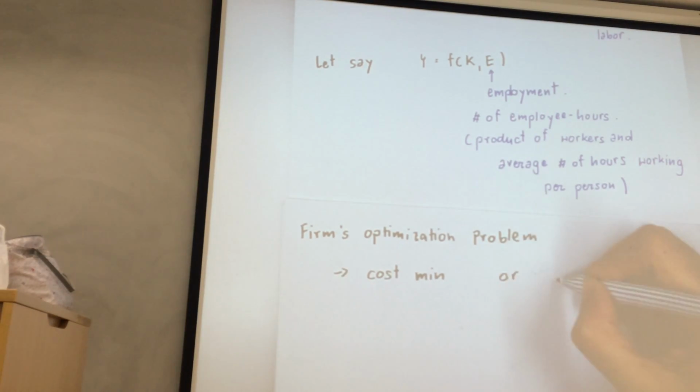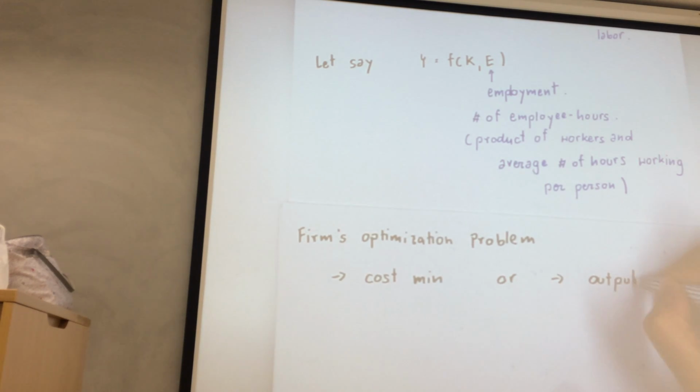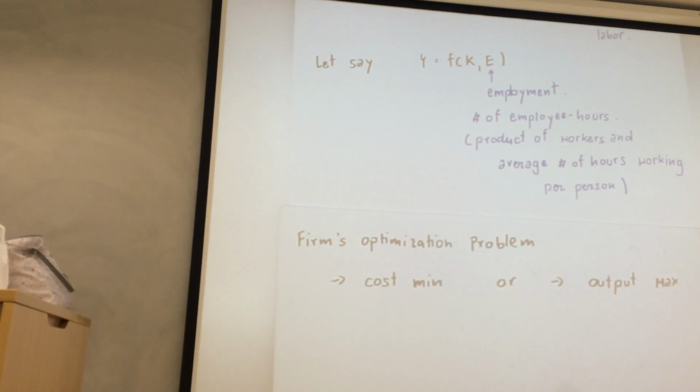Or output maximization, right? Either one gives you the same kind of concepts, the same benchmark for decision making. You pretty much follow the same analogy for either cost minimization or output maximization. You have the same first order conditions.